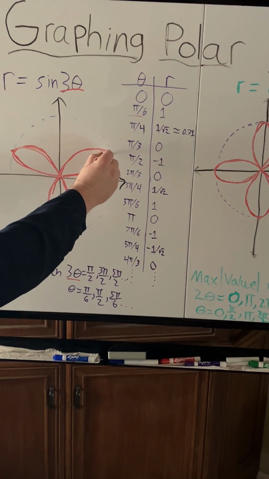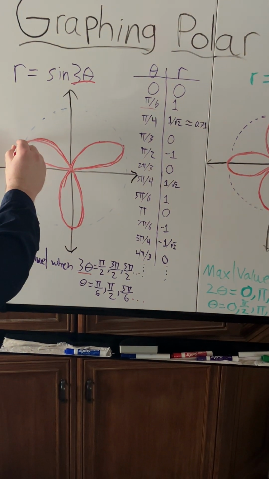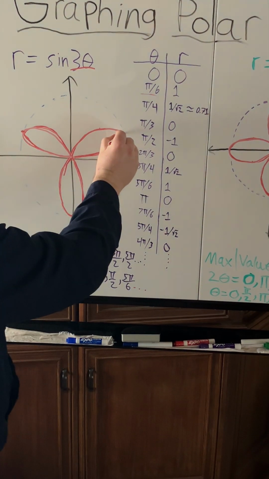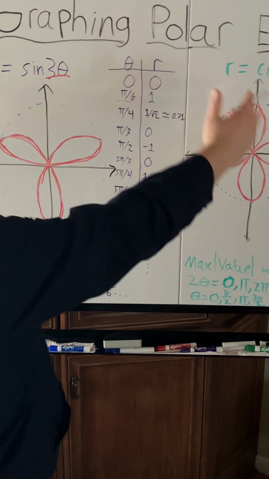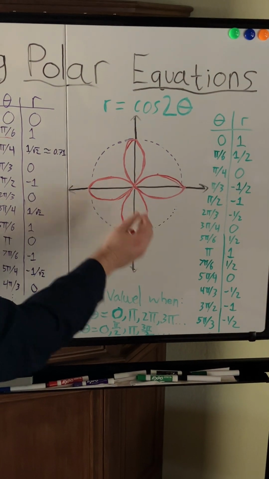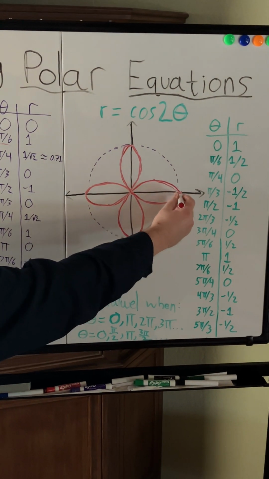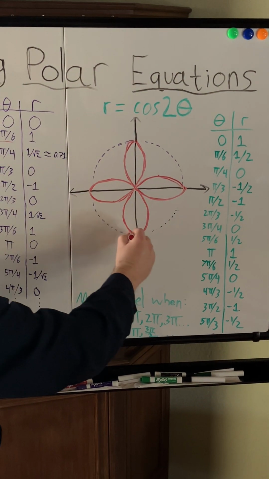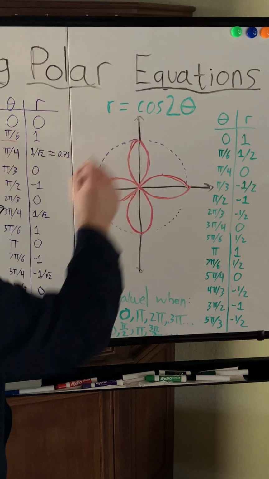So from here to here is 2 pi over 3. From here to here is 2 pi over 3. From here to here is 2 pi over 3. When we have 4 petals, they're each going to be pi over 2 away, meaning the maximum, the tips of these petals. Pi over 2, pi over 2, pi over 2, pi over 2.